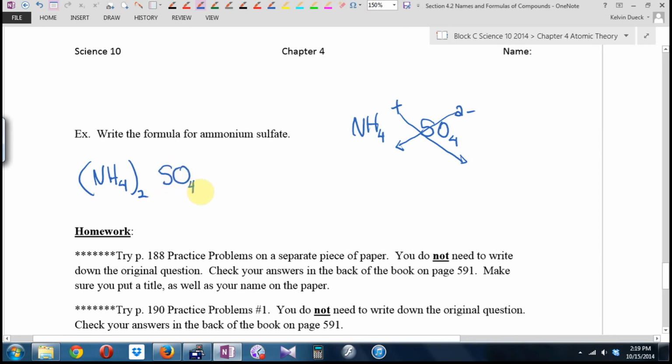SO4. How many sulfates am I going to need? 2 or 1? See the crisscross? Am I going to bother writing the 1? No. So I won't put brackets around it. It's understood that a chemistry nerd knows that's 1, although you'll notice I almost always write them close together a bit to show that they belong to each other. That's just me.